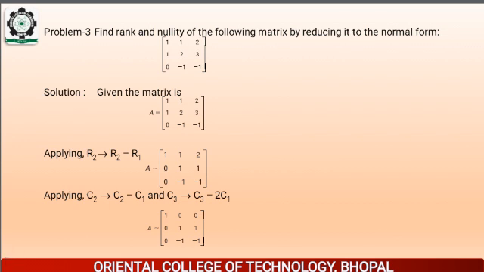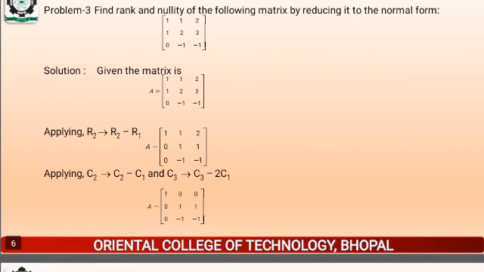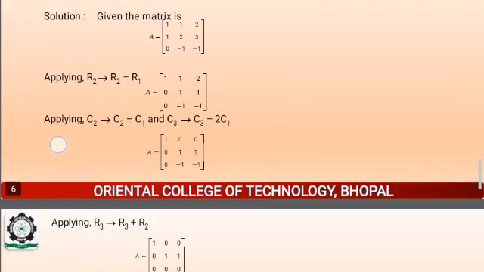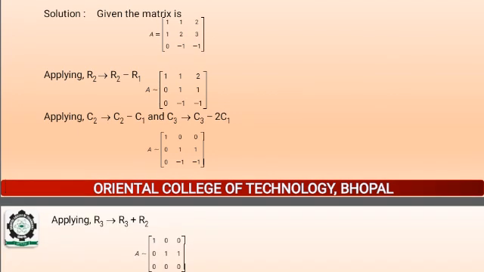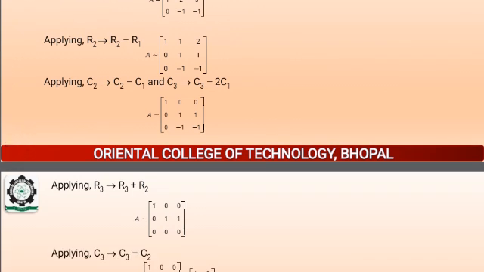Now applying column operation, C2 changes by C2 minus C1 and C3 changes by C3 minus 2 C1. A is converted into [1 0 0; 0 1 1; 0 -1 -1]. Applying R3 changes by R3 plus R2, we have A converted into [1 0 0; 0 1 1; 0 0 0].